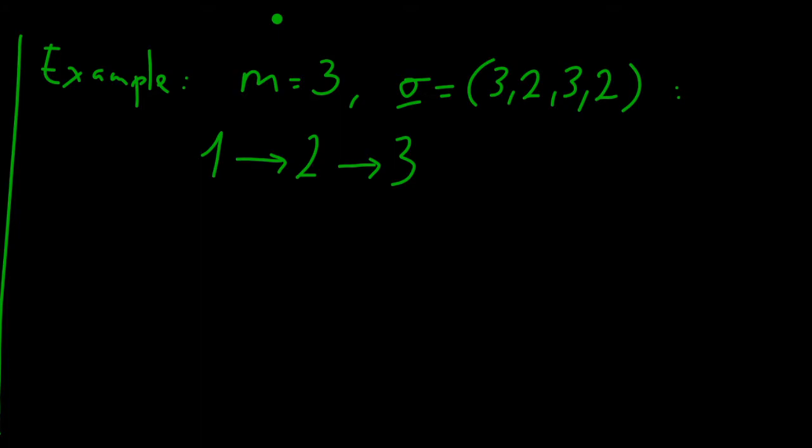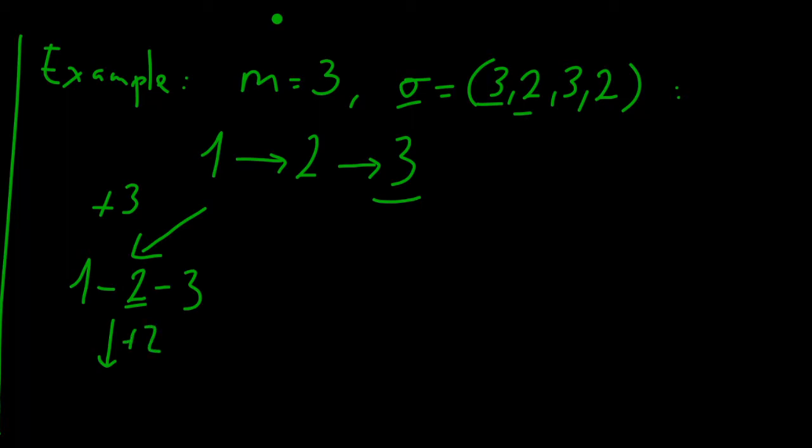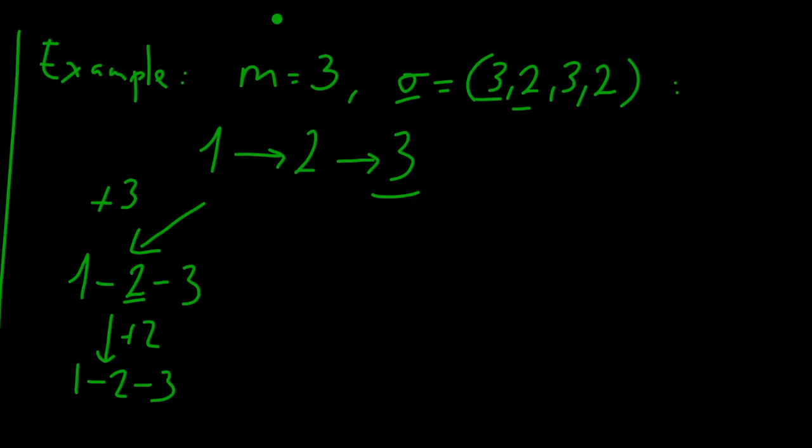So if I don't rearrange the list, then for accessing the 3, I will have to pay 3. Okay, then for 2 I will have to pay another 2. That's great. And then I'm not touching the order of the elements, because why should I?